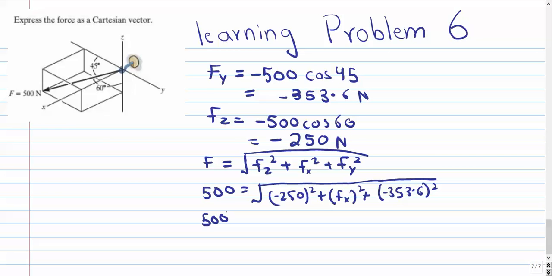So taking the square of both sides, we get 500 squared, and then bringing the negative 250 squared and the negative 353.6 squared to the left side of the equation, we get negative 250. I should just drop the negative sign now, but I'm just writing it down to reduce any possible confusion that might arise.